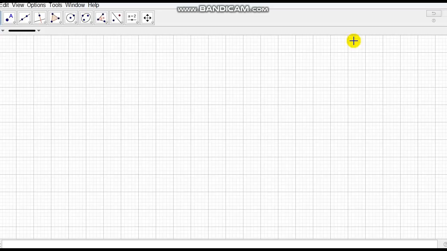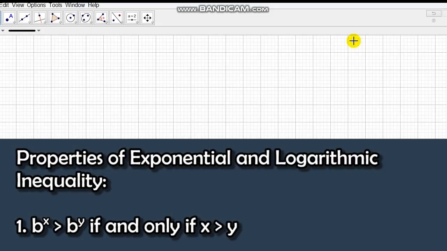Okay, let's have some properties of exponential and logarithmic inequalities. This will be very essential later when we try to solve for the solution set of exponential and logarithmic inequalities. Number 1, we have b raised to x is greater than b raised to y if and only if x is greater than y.